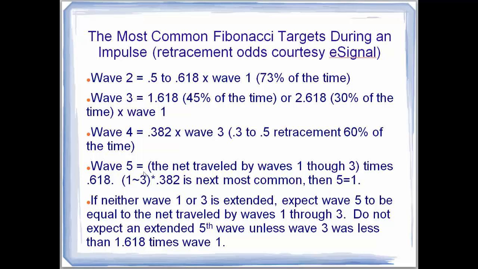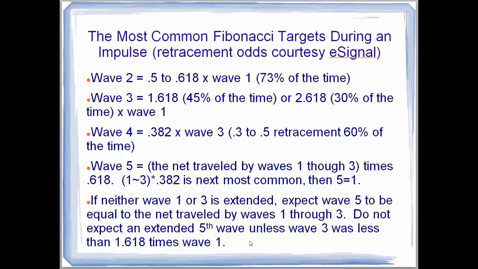Wave 5s, typically the net traveled by waves 1 through 3 times 0.618. The next most common is where wave 5 is 0.382 times the net traveled of 1 through 3. And then the next most common is where wave 5 generally tends toward equality with wave 1.